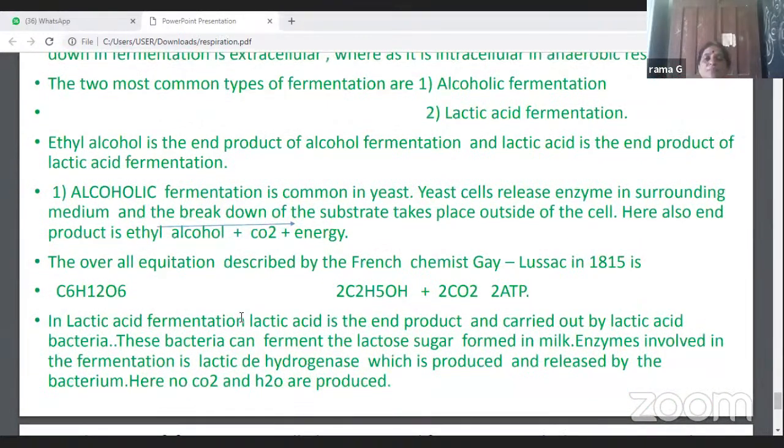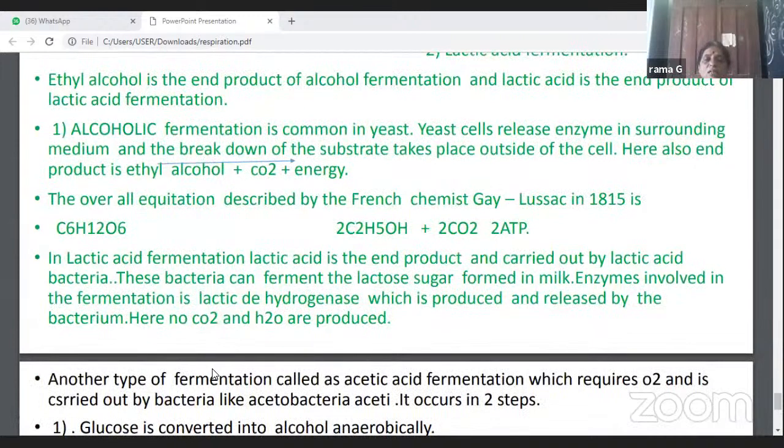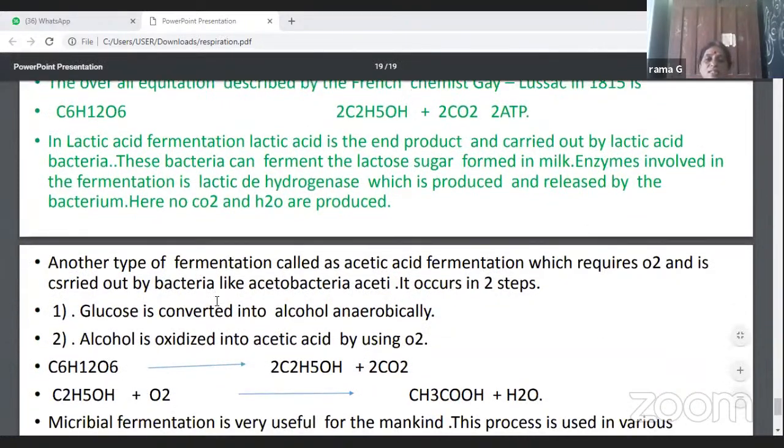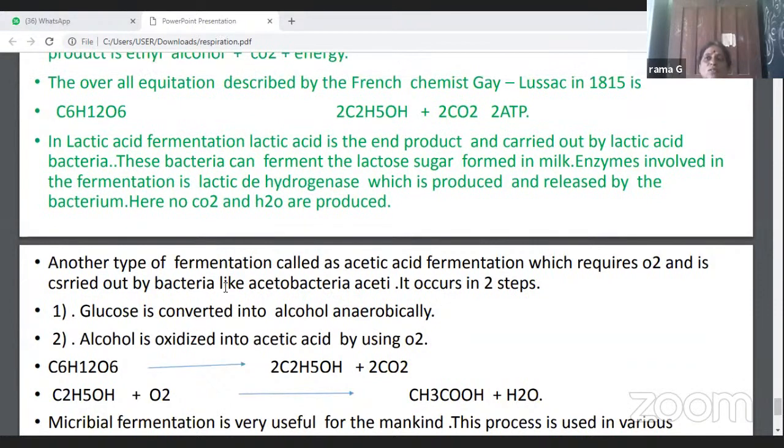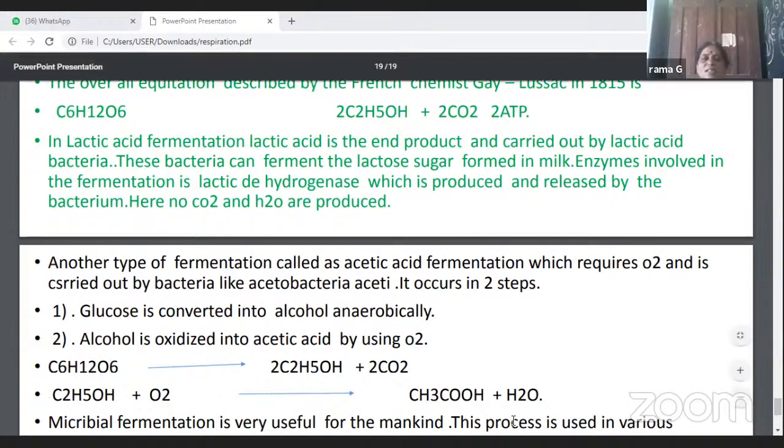Okay, then next, another type of fermentation is acetic acid fermentation. This has two steps. First, glucose undergoes anaerobic respiration to release ethyl alcohol and carbon dioxide. Then, after the synthesis of ethyl alcohol, it respires aerobically, and by undergoing this aerobic respiration, it releases acetic acid with water molecules.